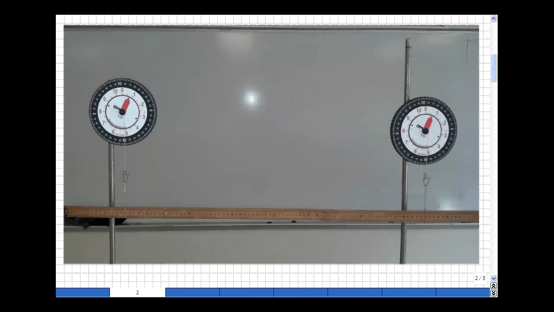Okay, let's look at this situation. I have placed perfectly spaced out scales pulling up on a meter stick that is completely horizontal. Now if we look at the values on the two scales here, we'll notice that each one of them is pulling up with a force of 0.7 newtons.